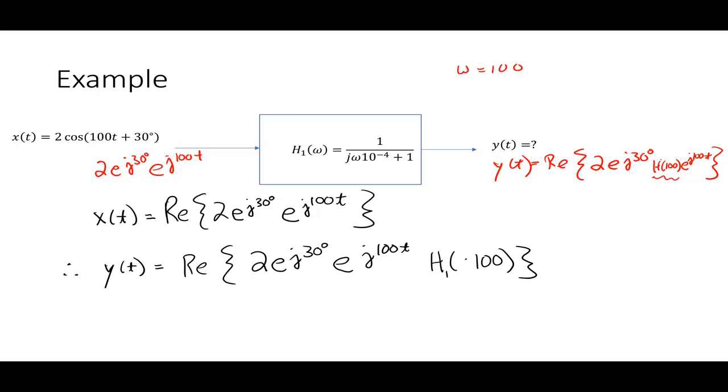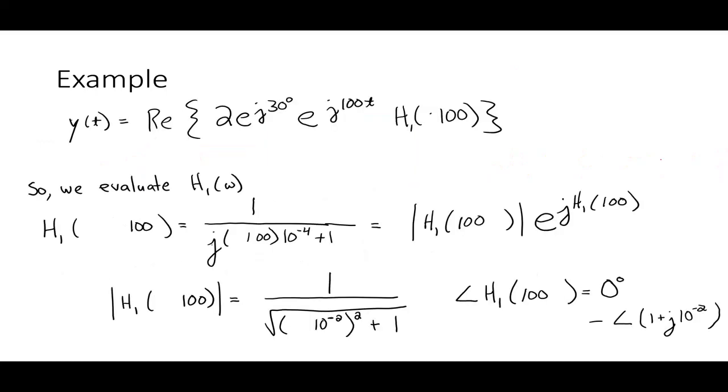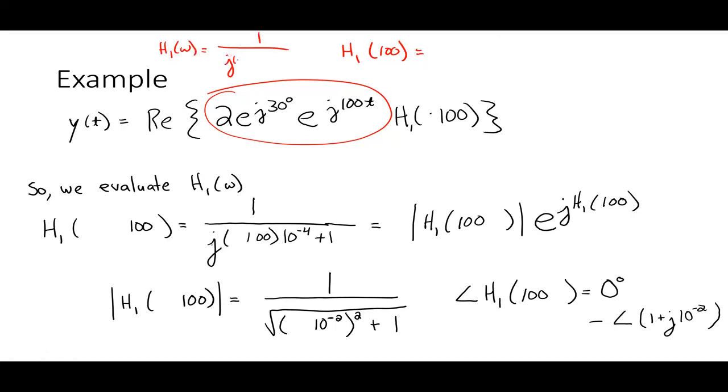Following through with this example, here was my input. Here's my h1 of 100. The thing to remember here is, let's write this out, h1 of 100. Reminding ourselves that h1 of omega is equal to 1 over j omega times 10 to the minus 4 plus 1.